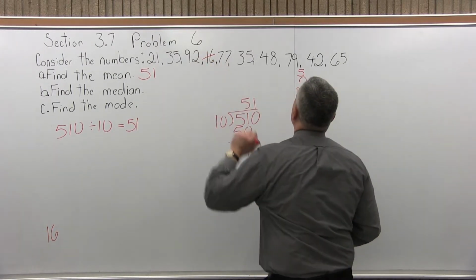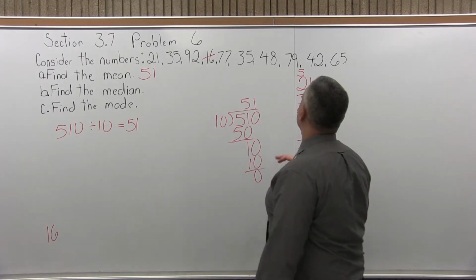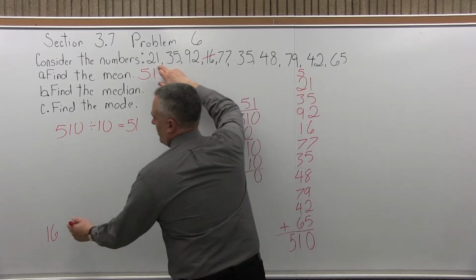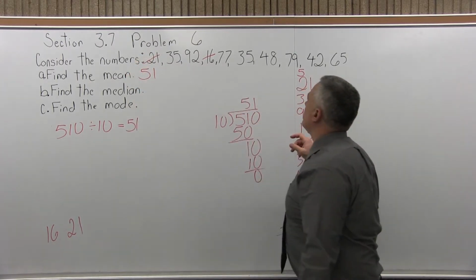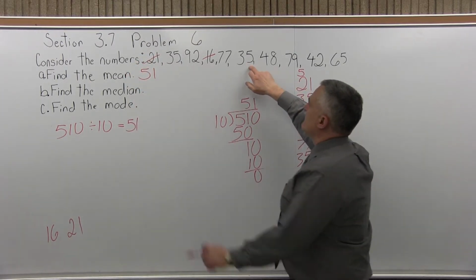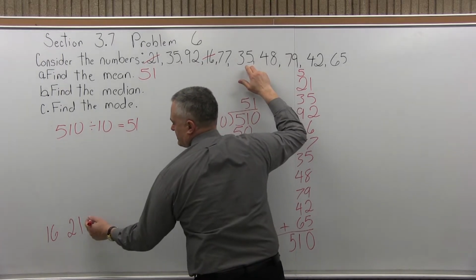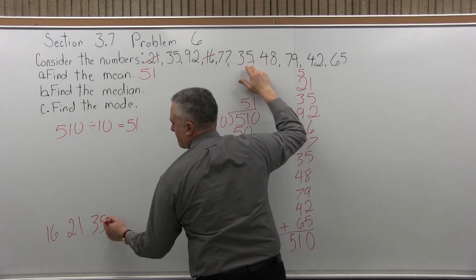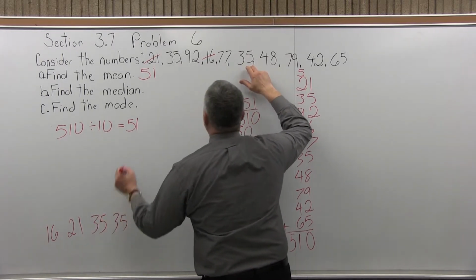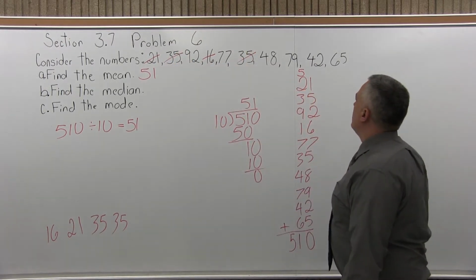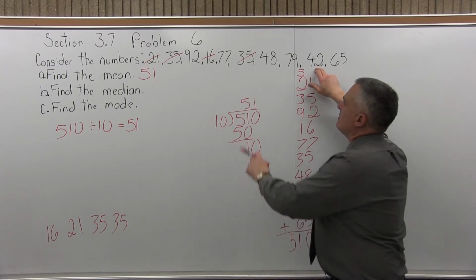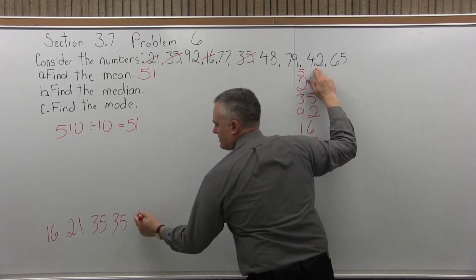So I'll cross that off as I use it. Nothing else in the teens. Next is 21. Nothing else in the 20s. 35 shows up in 2 different spots. Cross those off. In the 40s, I have 42 and 48.